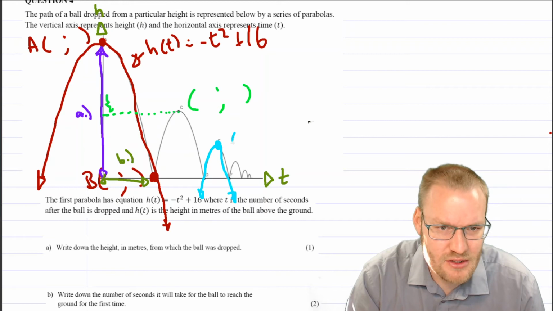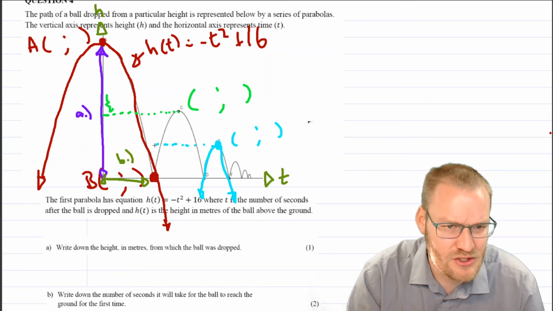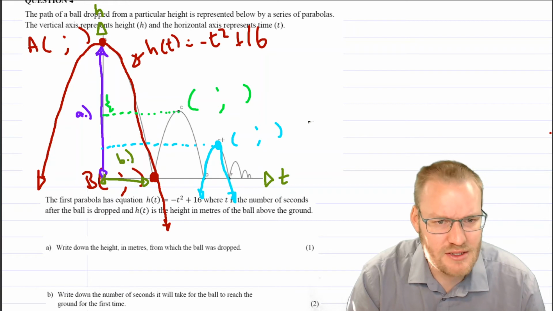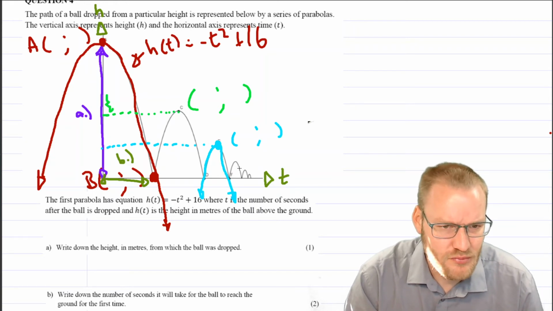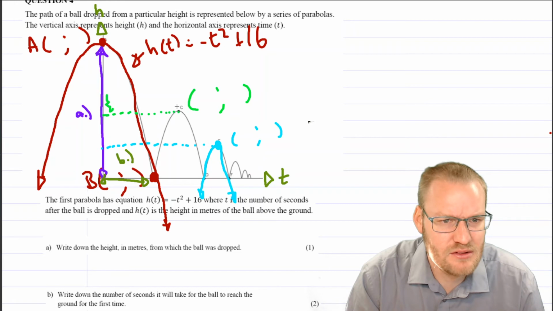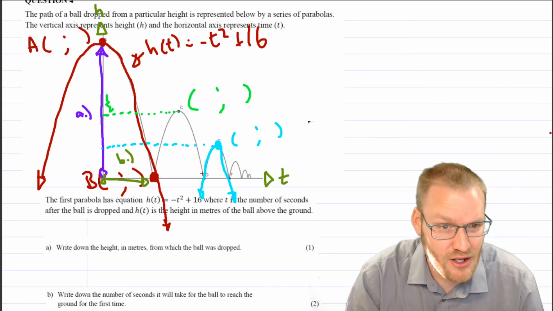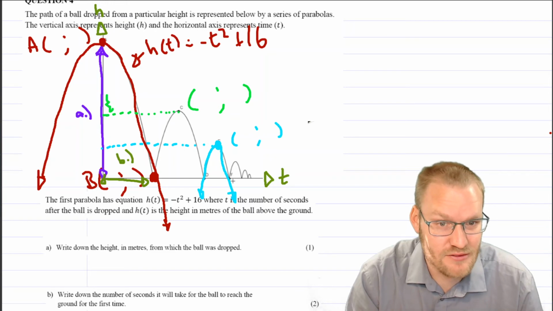So we're going to need its turning point, definitely. Now, the y value of that turning point is going to be pretty easy to find, right? We also know that this thing's shrinking down by half, so this is going to be half the size of that one.